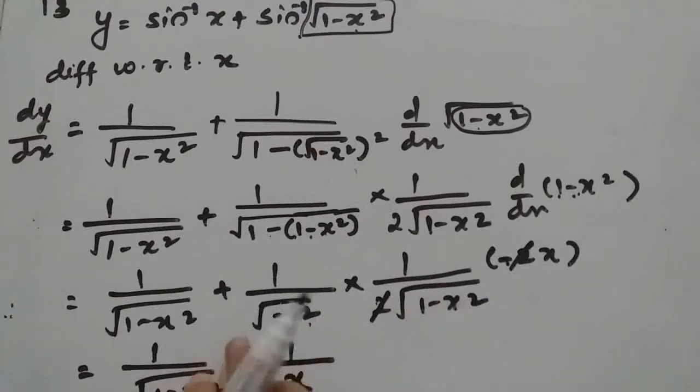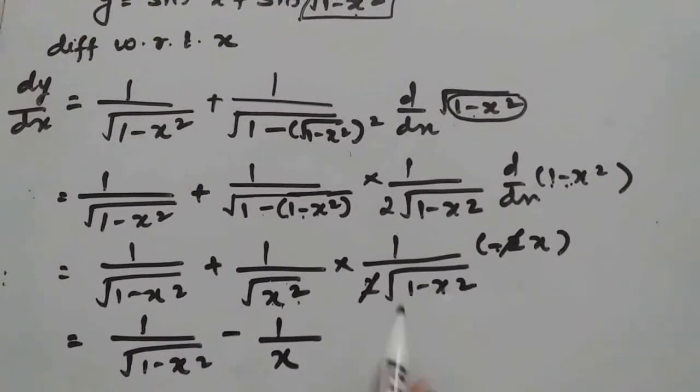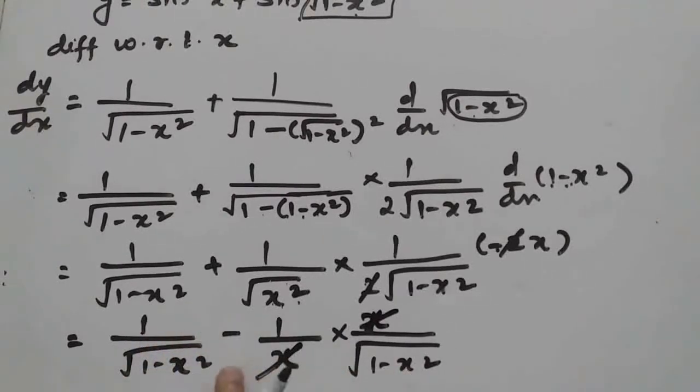This plus minus I can write as minus, okay. Then this bracket will remain as it is and x will remain as it is. Now this x also will go. So see, the same term with a difference, so the answer will be 0.